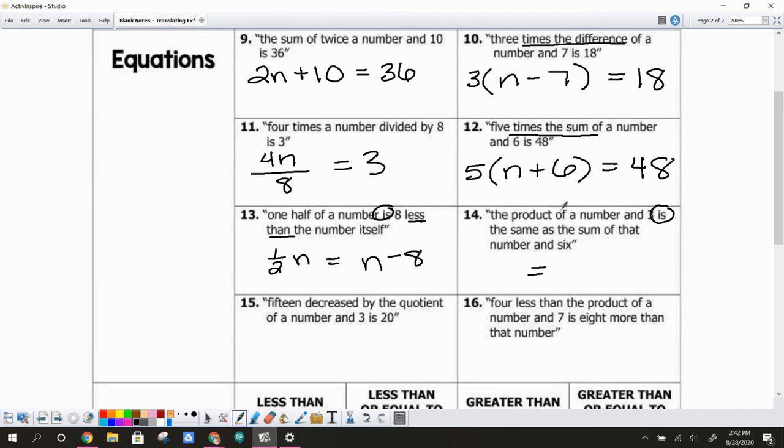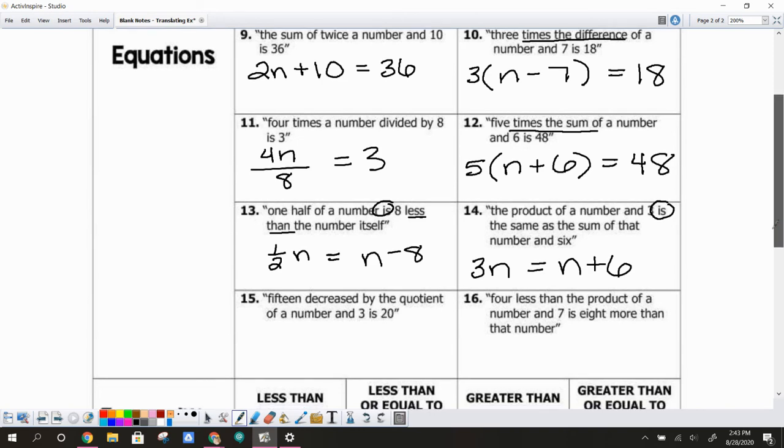So I have the product of a number and 3. So the product of a number and 3 means we're multiplying our 3 times our n. And then on the other side, we have it's the same as the sum of that number, which we picked n, and 6. So sum means addition, and our variable was n. So we're just going to do n plus 6.